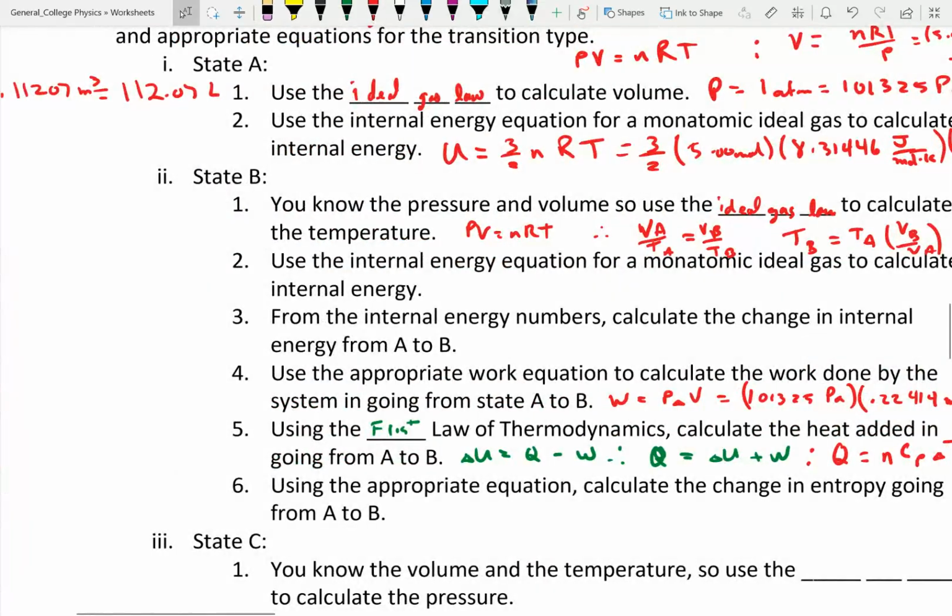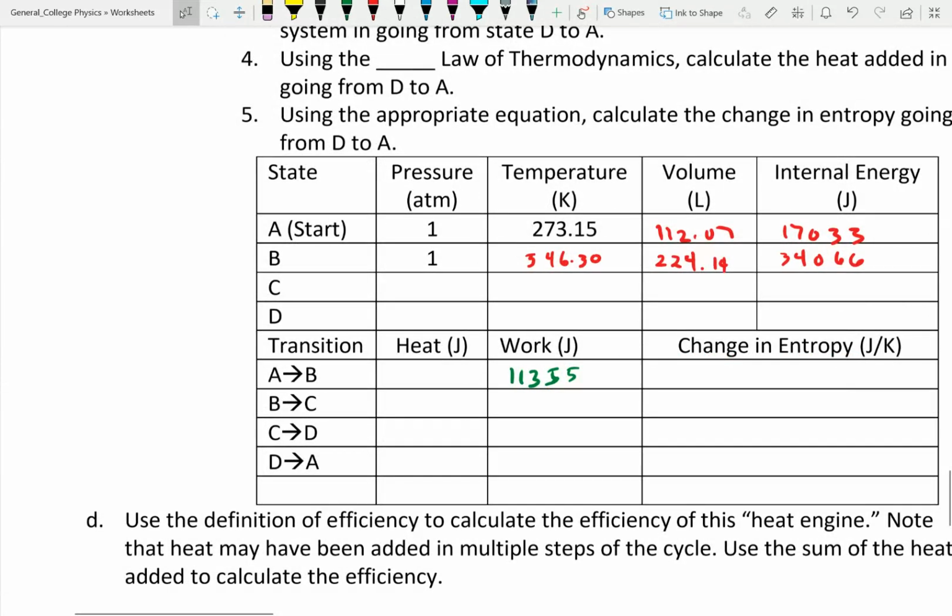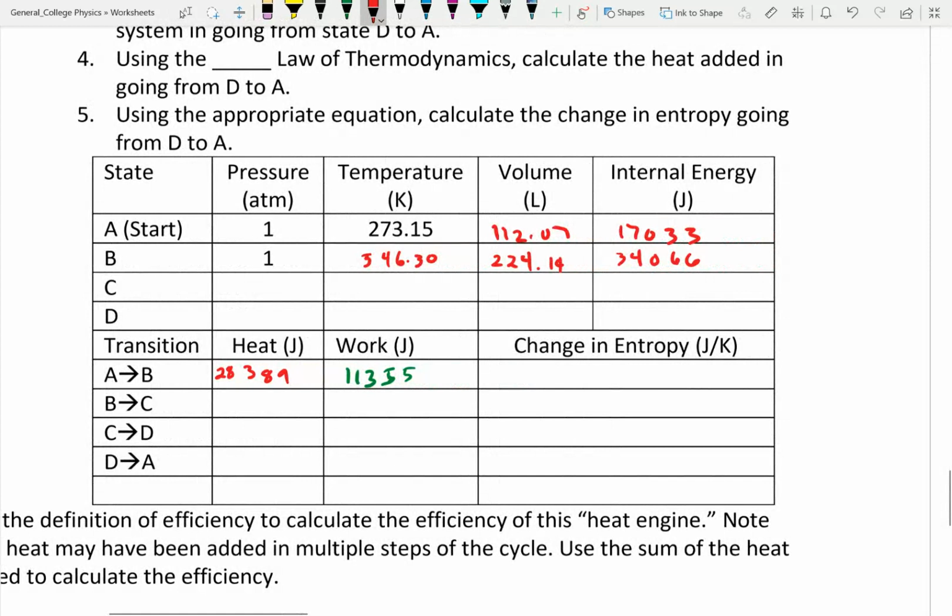So putting in these values, we have the heat is 28,389 joules. And now I didn't put anywhere for the change in internal energy, so I'm going to write it here. The change in internal energy, how I actually instructed you to calculate, is 17,033 joules.